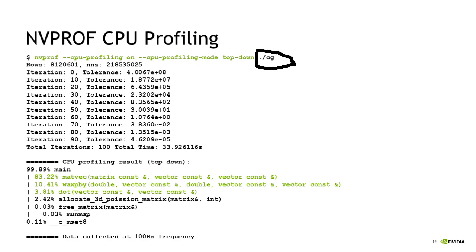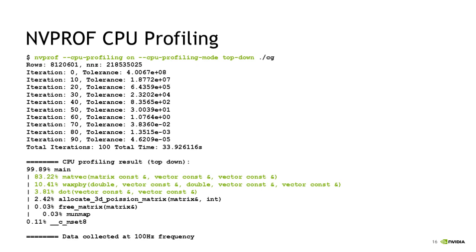And then this nvprof command is what is actually going to instrument the code. So the flag that I'm using is CPU profiling on, and this CPU profiling mode is just, I prefer the top-down view. It's simply a change in the way the data is shown to you. All of this is available. If you type nvprof --help, it'll tell you what these flags do.